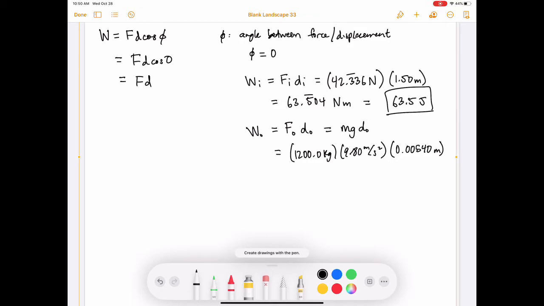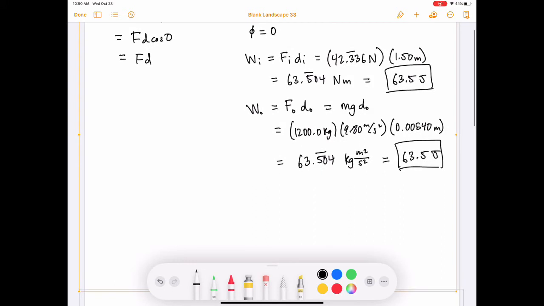Okay, so this works out to 63.504. Keep 3 sig figs. Units are kilograms, meters squared on top, seconds squared on the bottom. That's equivalent to a joule. So 63.5 joules. So notice something.